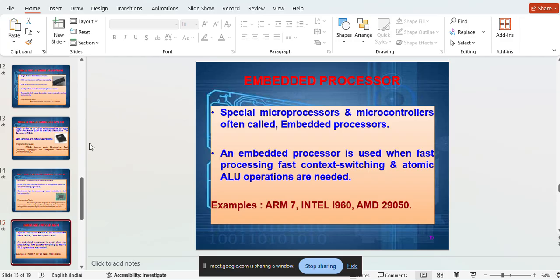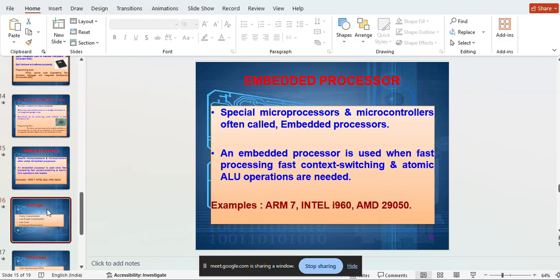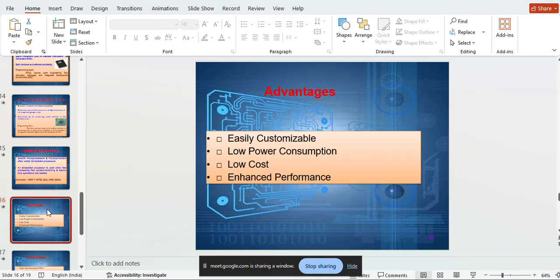Now, there are some advantages. The first point is that it is easily customizable. When you have already done a project in embedded systems, I might tell you to add one sensor.